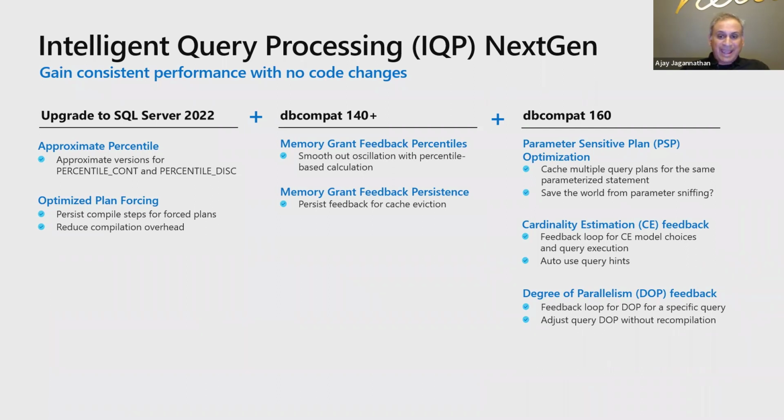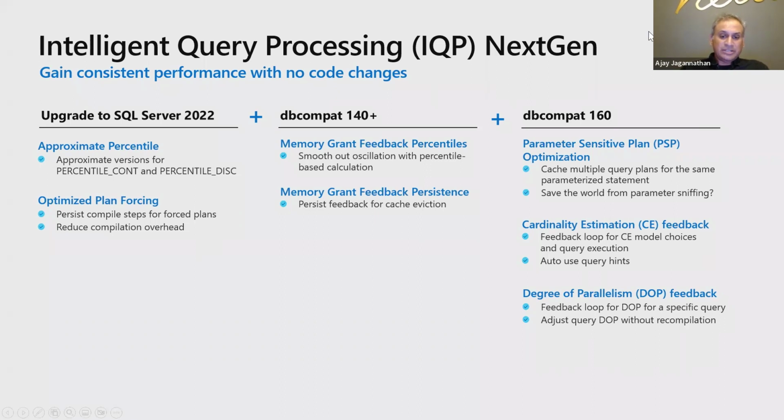It caches multiple plans for the same query with different parameters. Let's say the query needs a seek if it's only fetching a few rows, versus if a parameter requires a scan of a table and fetching a lot more rows, we will now be able to persist both the plans in cache, and you will be able to execute with predictable performance for both those queries.